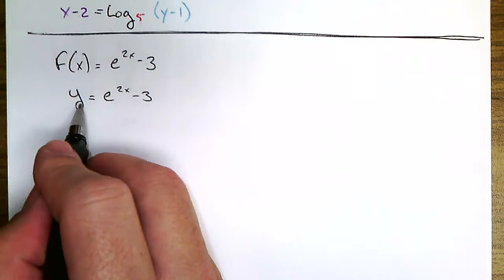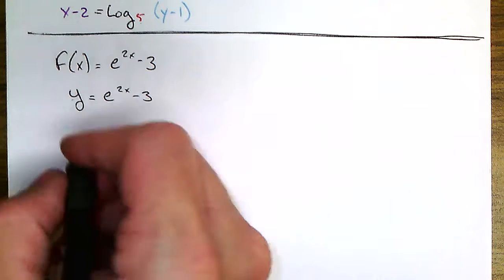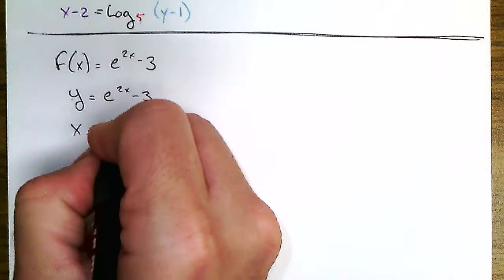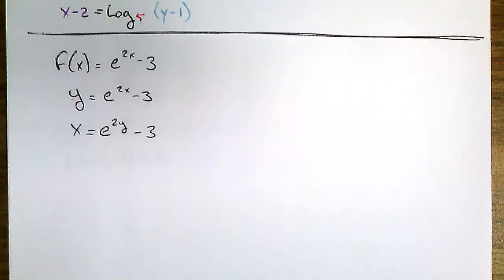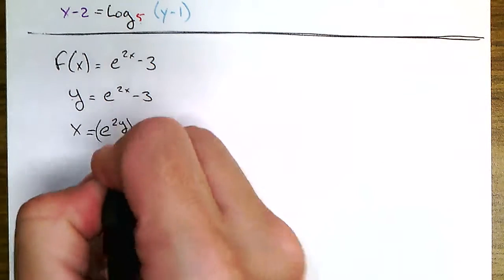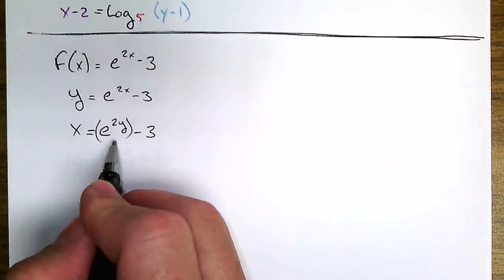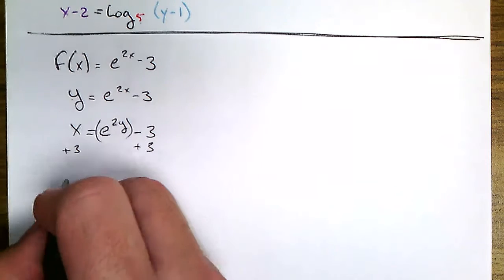And then I'm going to swap my y and my x to start the process of finding the inverse. So x equals e to the 2y minus 3. Now my next step is I need to get my exponential function, my e to the 2y, by itself. So let's add 3 to both sides to get rid of this minus 3.